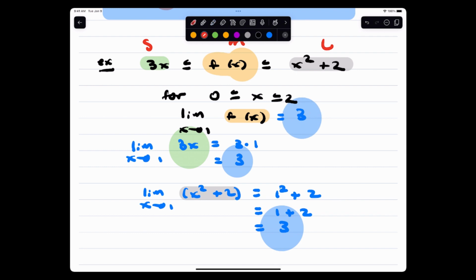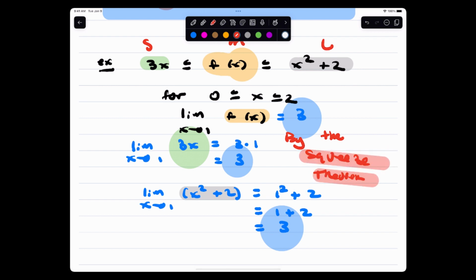So this is going to be 3 by squeeze theorem. Easy peasy, lemon squeezy. Squeeze theorem. And that's pretty much it, ladies and gentlemen, for squeeze theorem.